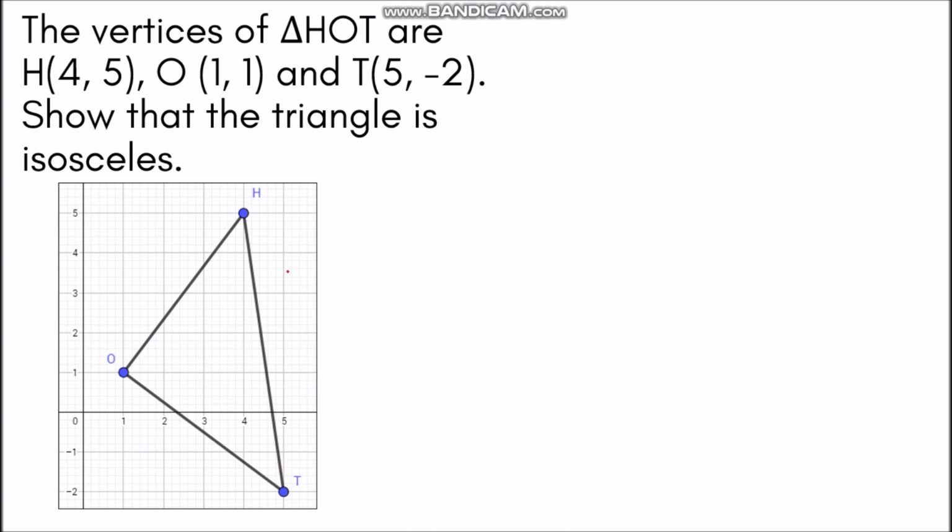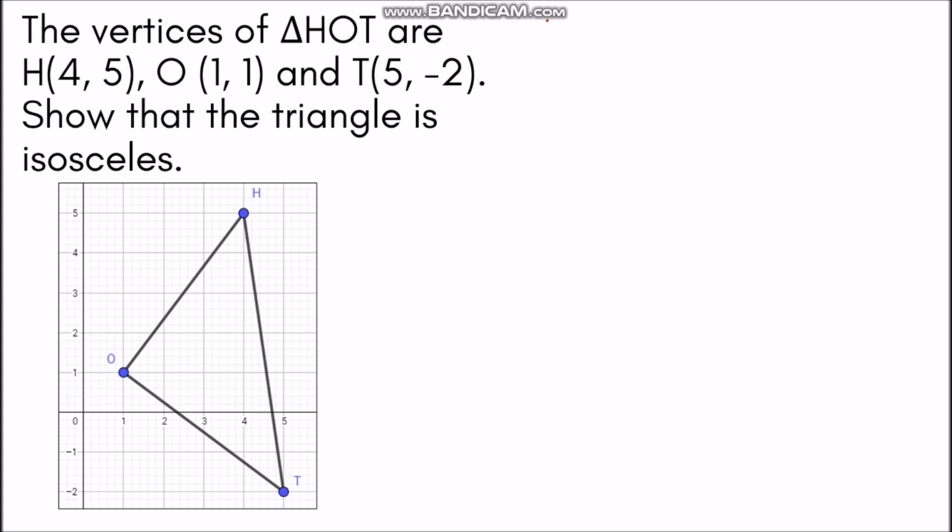We have to keep in mind that an isosceles triangle must have at least 2 congruent sides. So what we will do here is get the distance between each pair of points, and we need to show that at least 2 of them have the same length, or the same distance.